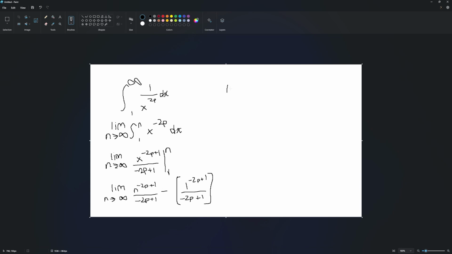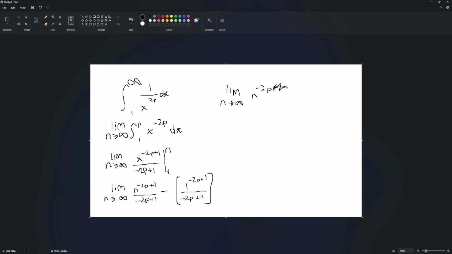And so with this, we have n to the negative 2p plus 1. As n approaches infinity, we have a negative here as a coefficient of this p. This one doesn't matter either; we just throw this away.